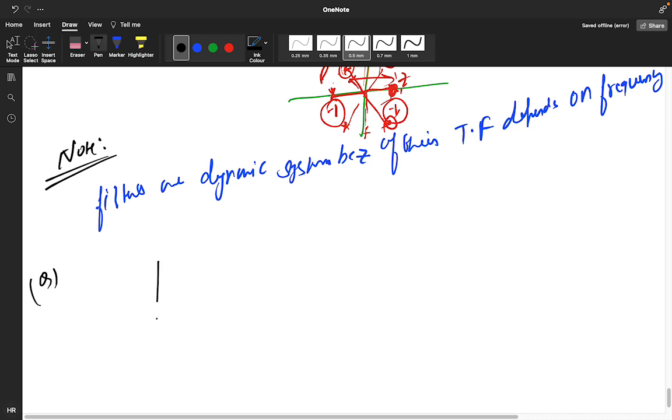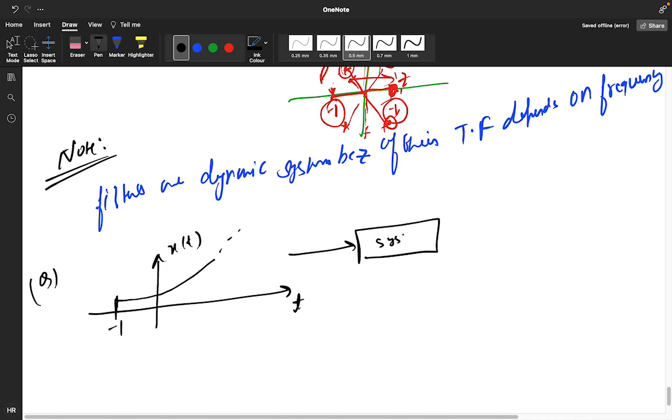If you have a figure like this, this is my -1, this is x of t, and it is passing through a system and I am getting y of t like this, starting at -3.